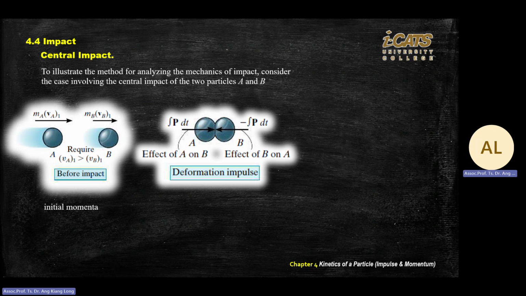We always assume to the right is positive, following the motion. So this minus P is on the left-hand side, A. Impulse of minus PT is for A. Positive PT is for B, because the force felt by that object is accordingly.